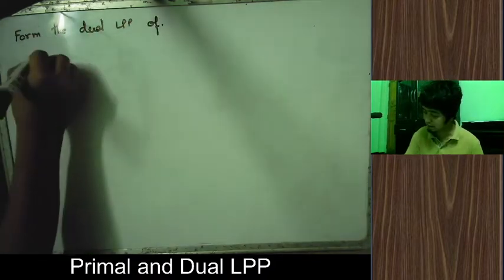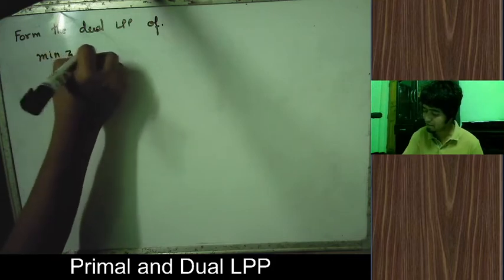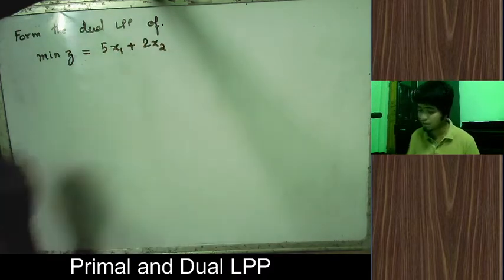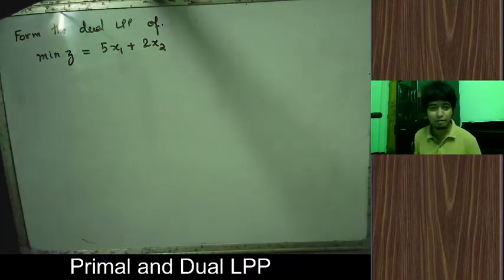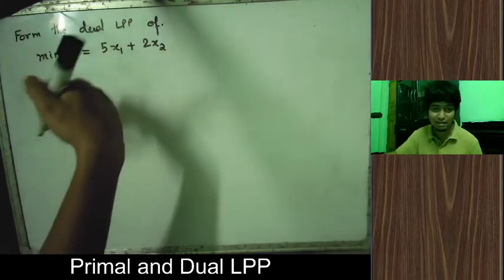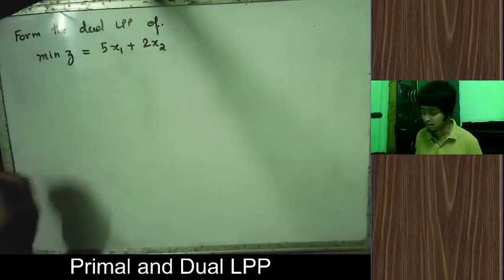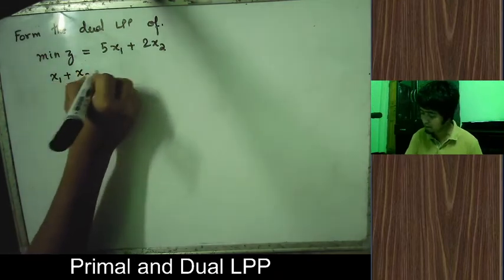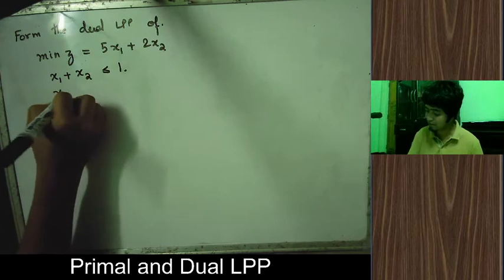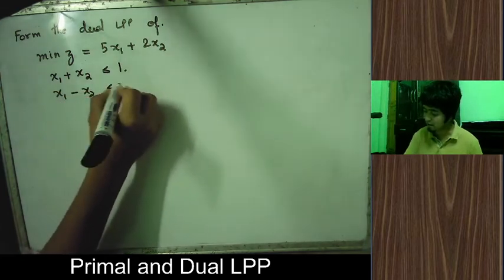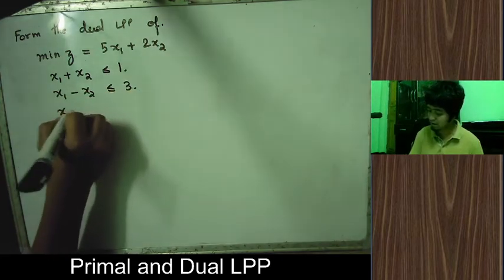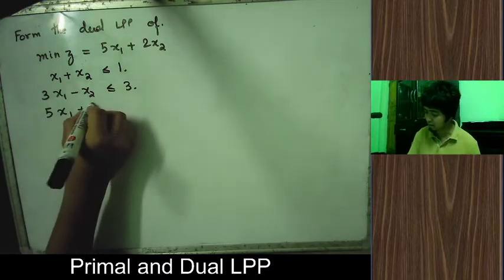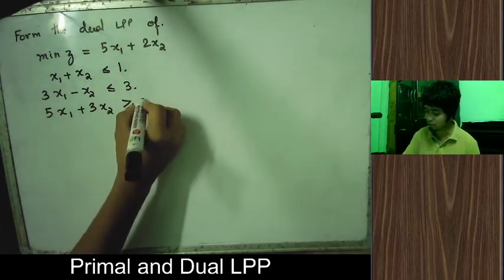I will do it for a minimization problem this time. We can just make it up: 5x1 plus 2x2. Now we are having only two variables, and we will be having, let us say, four constraints. x1 plus x2 less than or equal to 1, x1 minus x2 less than or equal to 3, 5x1 plus 3x2 greater or equal to minus 1.